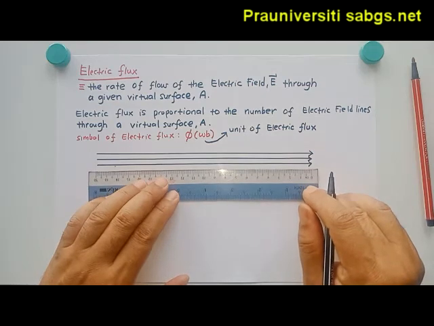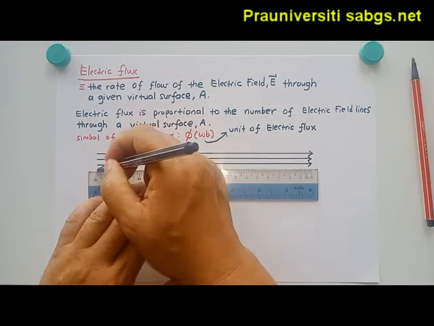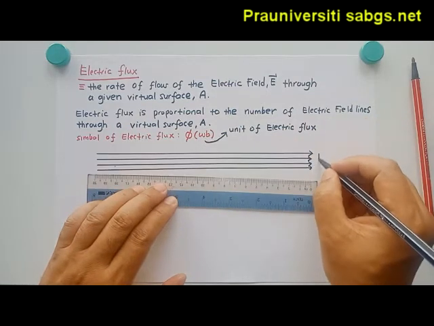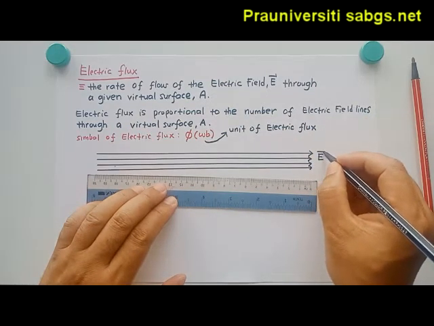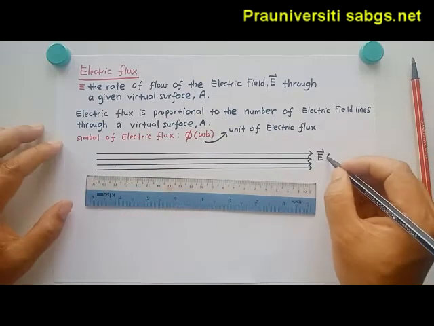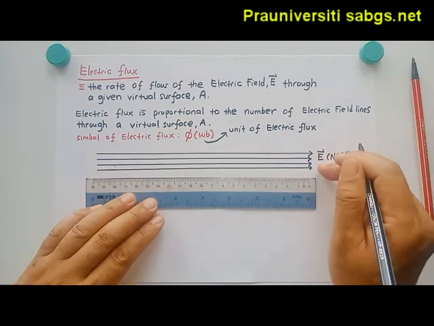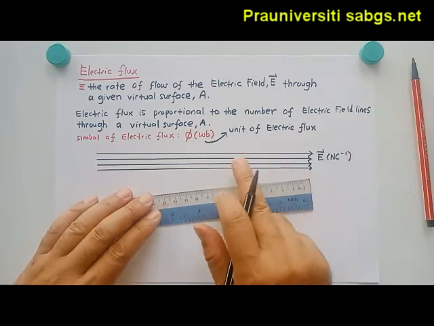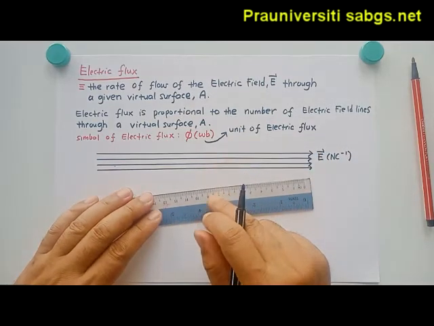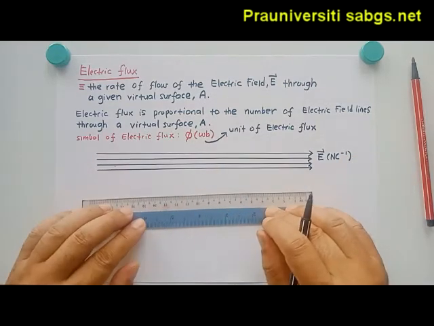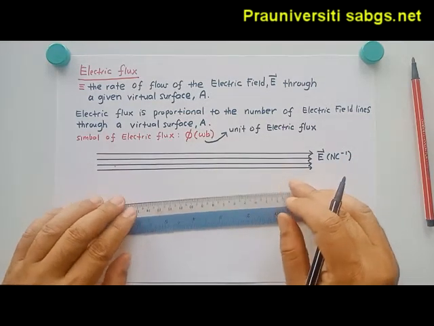Now I draw the lines of the electric field. So this one is the direction of the electric fields, and Newton per Coulomb is the unit of the electric field. So this one we call the electric field lines, with direction from here to here. Okay, so we continue.